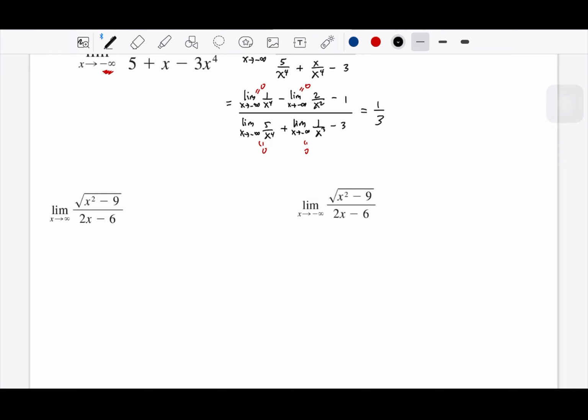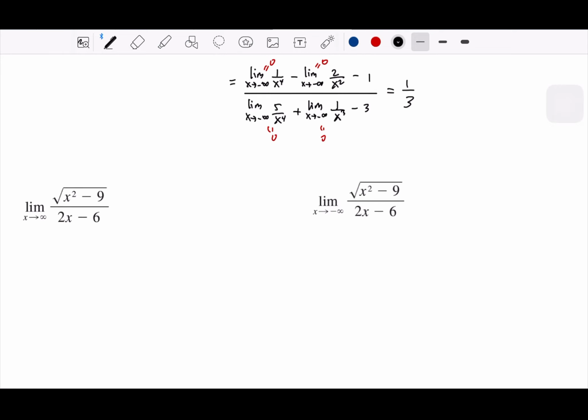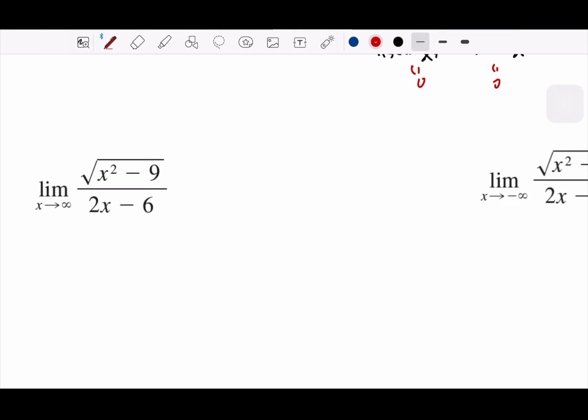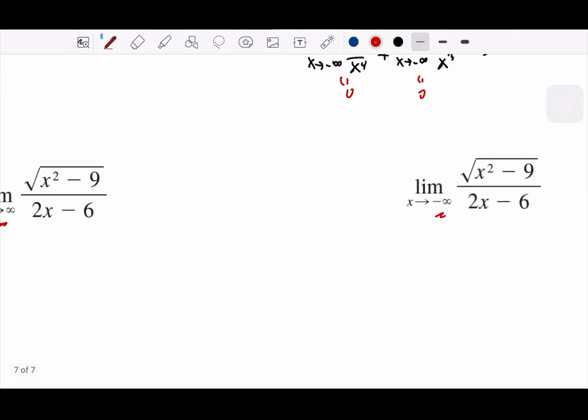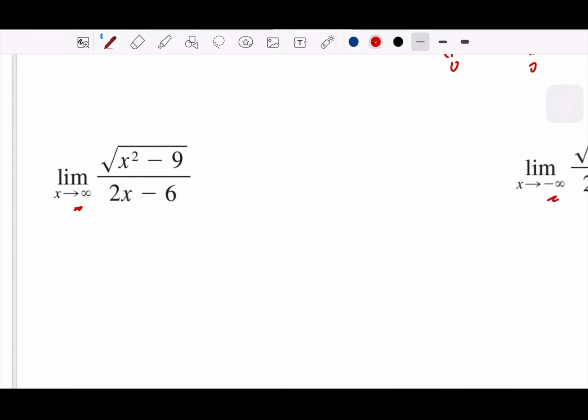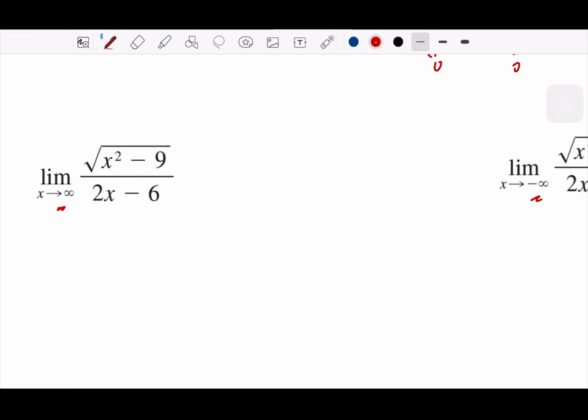Okay, now I will deal with these two questions at once. We have the same functions. The difference is the limits. When we talk about limits close to infinity and close to negative infinity, we can imagine how x behaves.